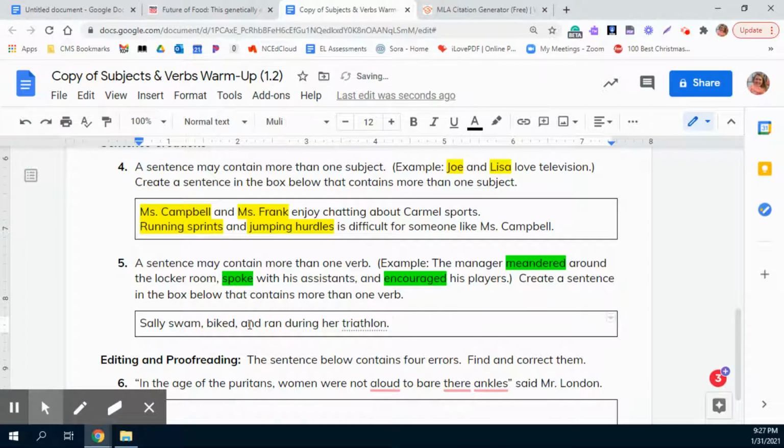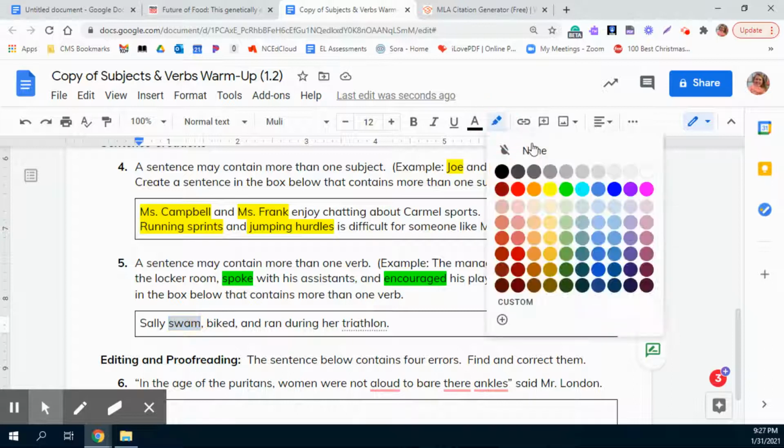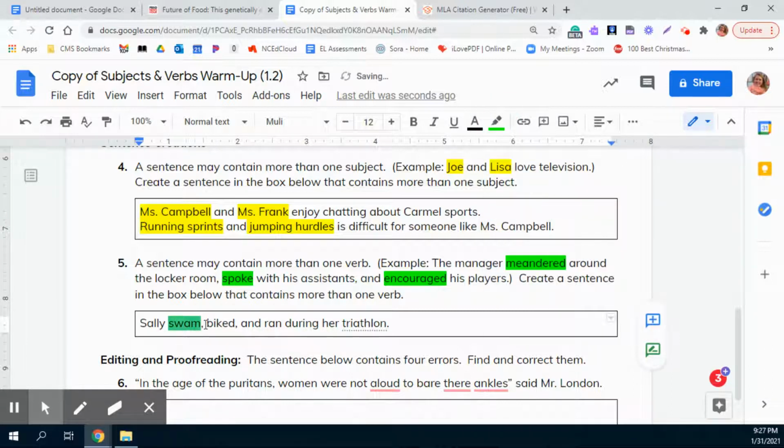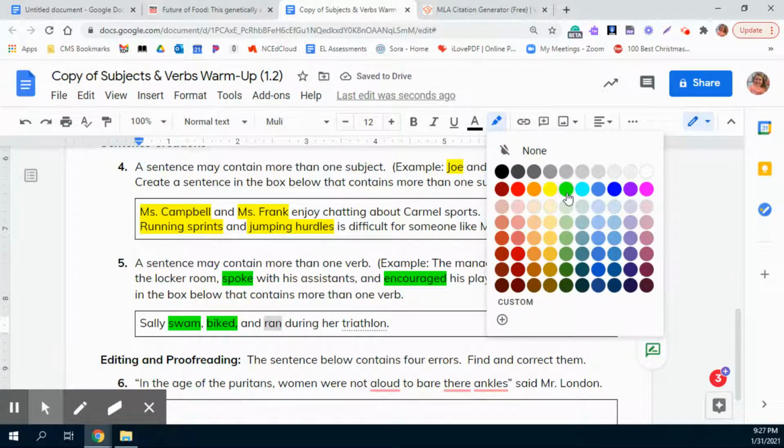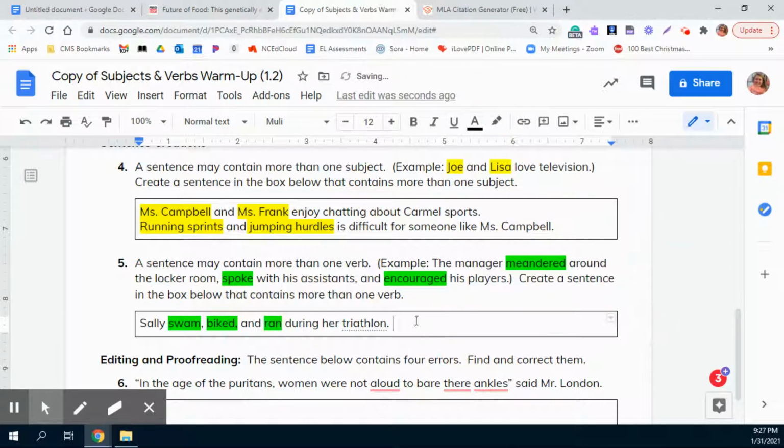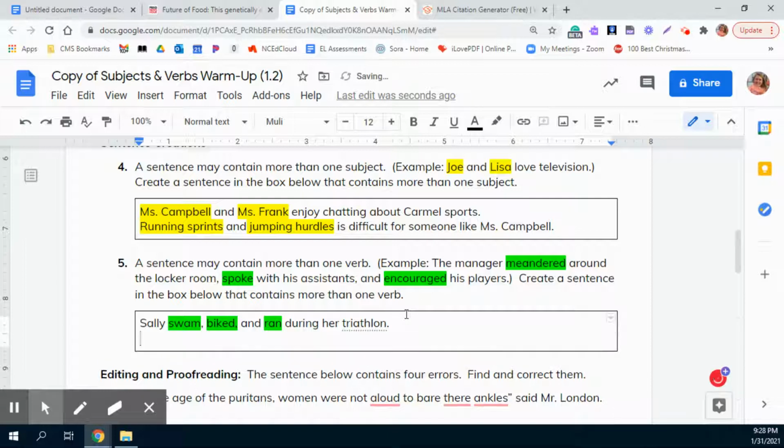It autocorrected triathlon for me. So we've got 3 verbs. She does 3 different actions. She swims, or she swam, past tense. She biked, and she ran. There we go. Boom. 3 actions. My sentences are very, very athletic today.